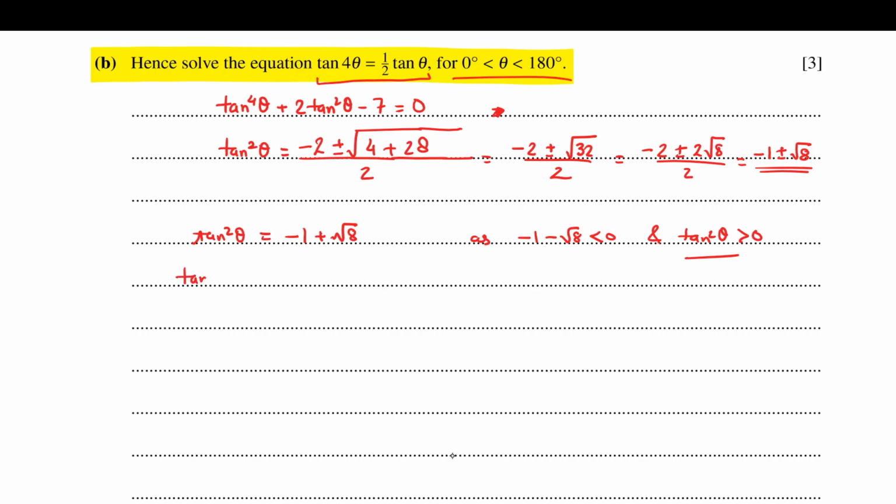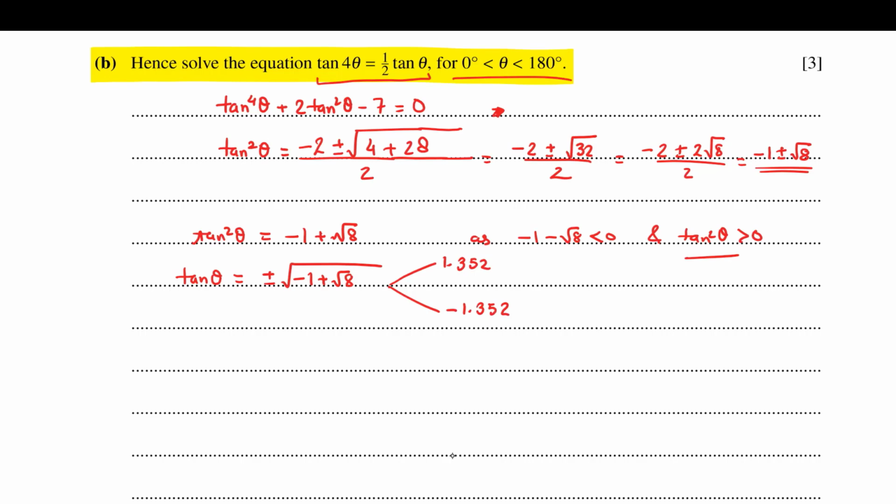So now we'll solve this. It means tan theta equals plus minus root of minus 1 plus root 8, meaning two values. We'll get it from the calculator. It is 1.352, and with the minus sign, of course, it is going to be minus 1.352.